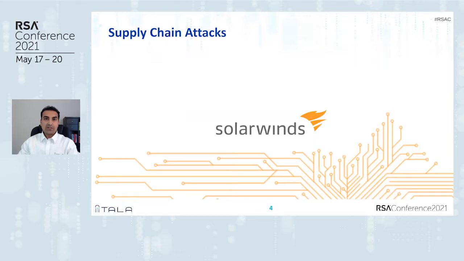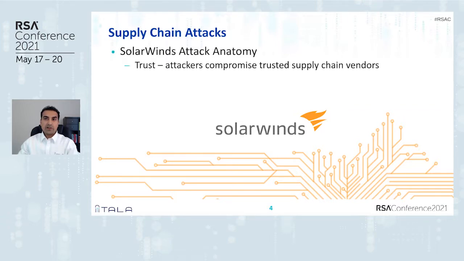So let's break down the SolarWinds attack and look into some of the reasons why it was so devastating. First of all, SolarWinds was a trusted SaaS vendor. Enterprises trusted the company and the software that they delivered.